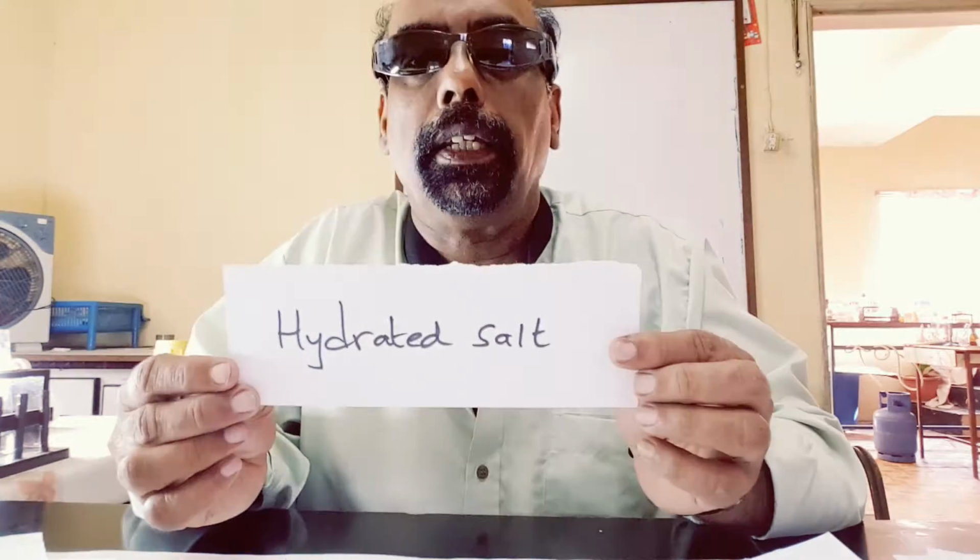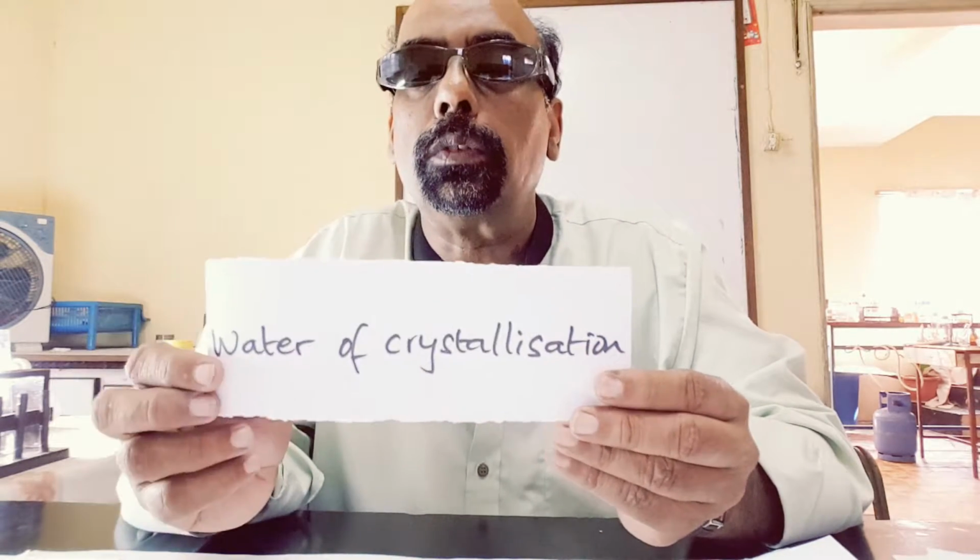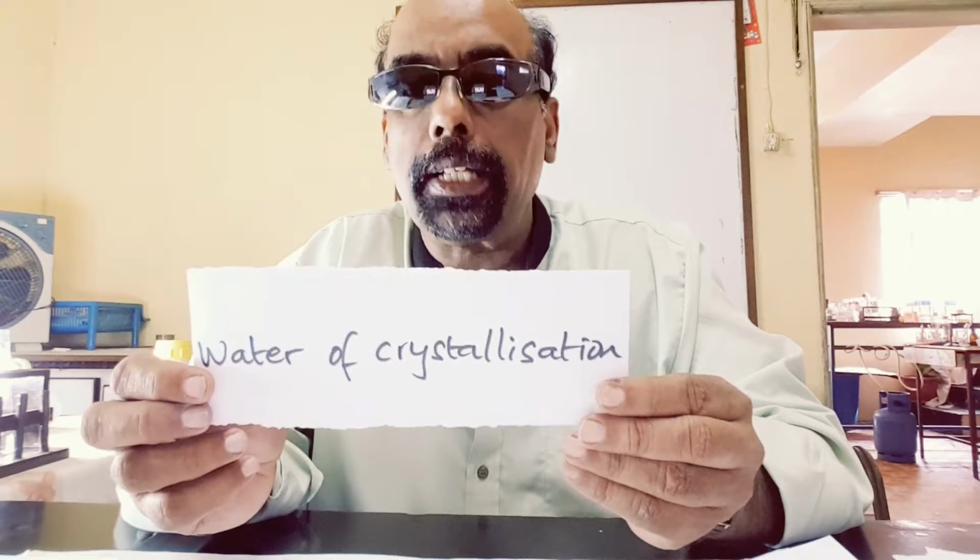A salt can be hydrated. We call it a hydrated salt. A hydrated salt contains water of crystallization. The water present in the salt is known as water of crystallization.